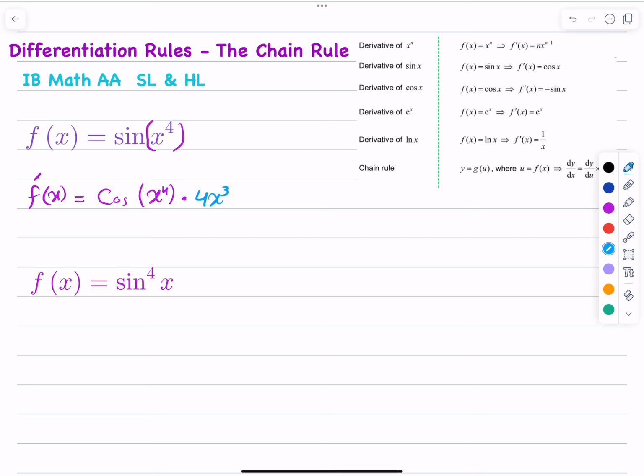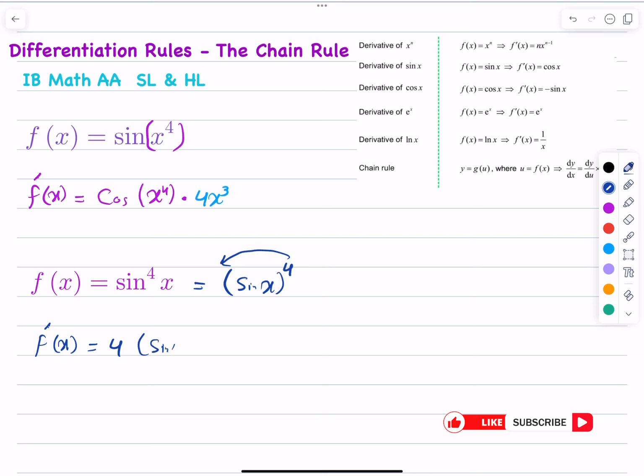But now, in the second example here, we have sine to the power of 4 of x. It's easier to visualize it like this. Here we have sine x, and all raised to the power of 4. So here the inner function is fully sine x, not only x. So to differentiate this, first we put the 4 down and multiply it by sine as it is.